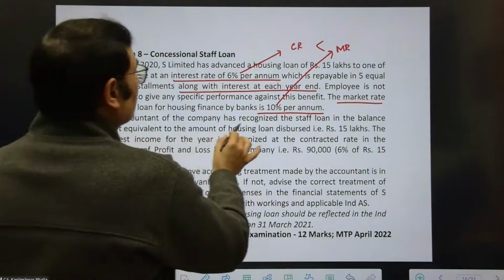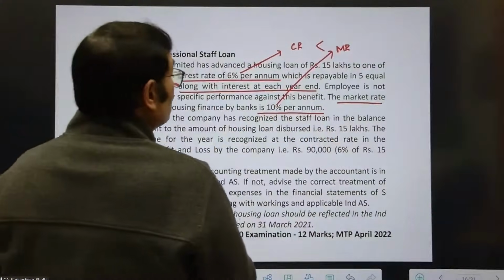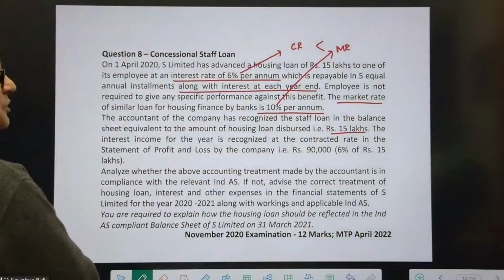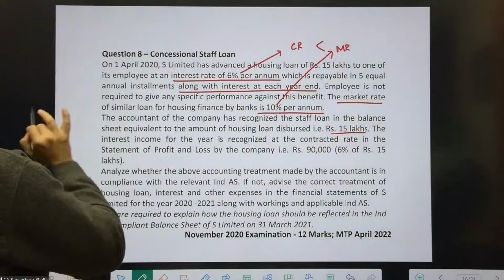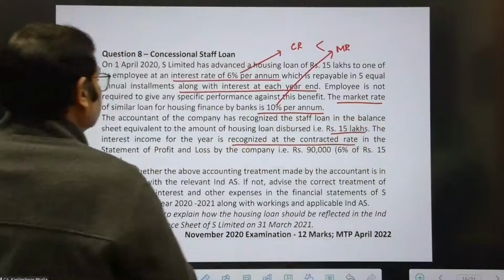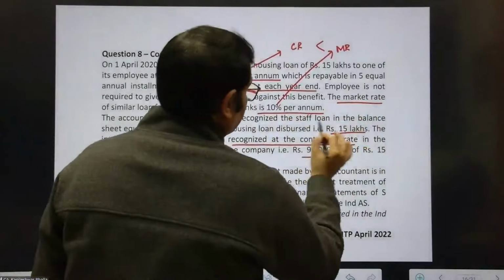The accountant of the company recognized the loan in the balance sheet at the amount of loan disbursed. He has taken the asset at 15 lakhs, which is not correct. The interest income is again recognized at the contracted rate, which is 6% on 15 lakh, that's 90.